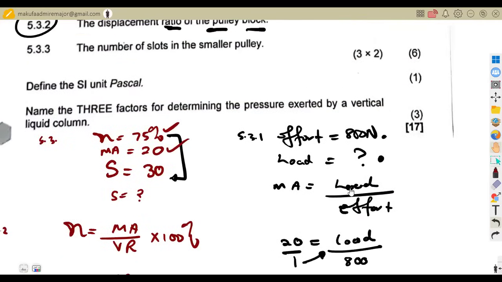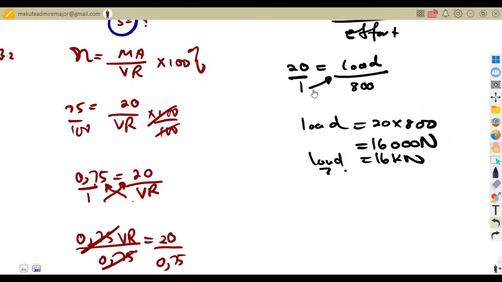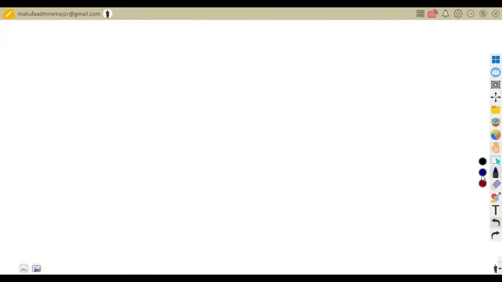Then from here, they want us to calculate the number of slots in the smaller pulley. The number of slots, which is this S here, in the smaller pulley. So we are supposed to formulate an equation that consists of that S. Remember, from the displacement ratio, we understand that it is the ratio that is taken also on its own.